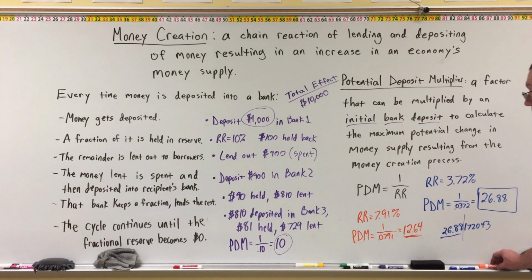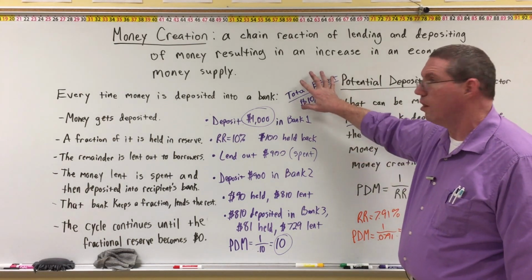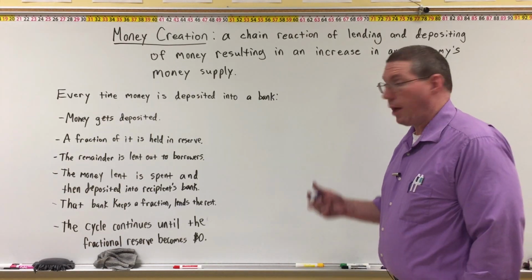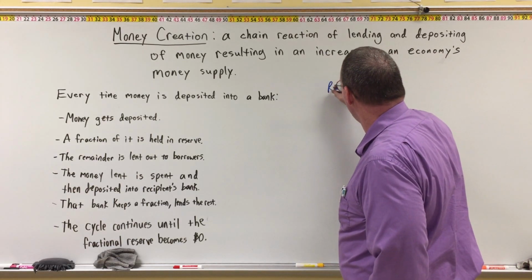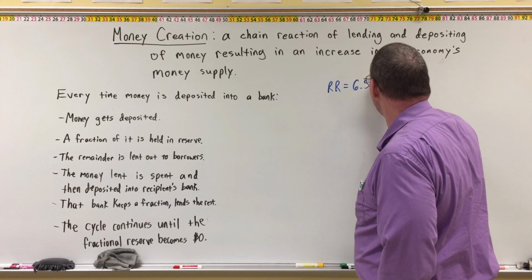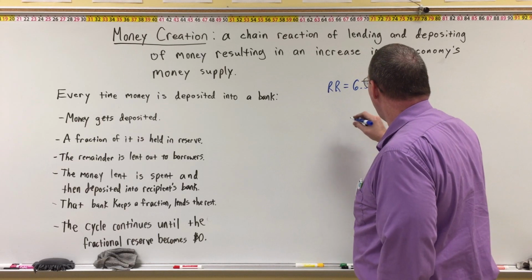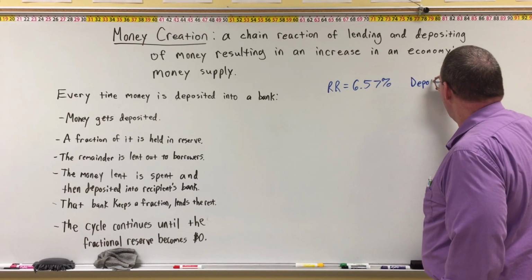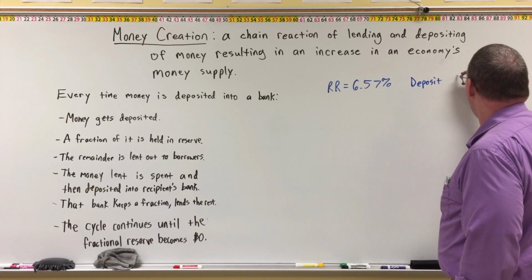Now I want to do some examples of how we calculate the total effect on the money supply. Okay, let's say we know that the reserve ratio is 6.57%, and that there is an initial deposit of $15,400.